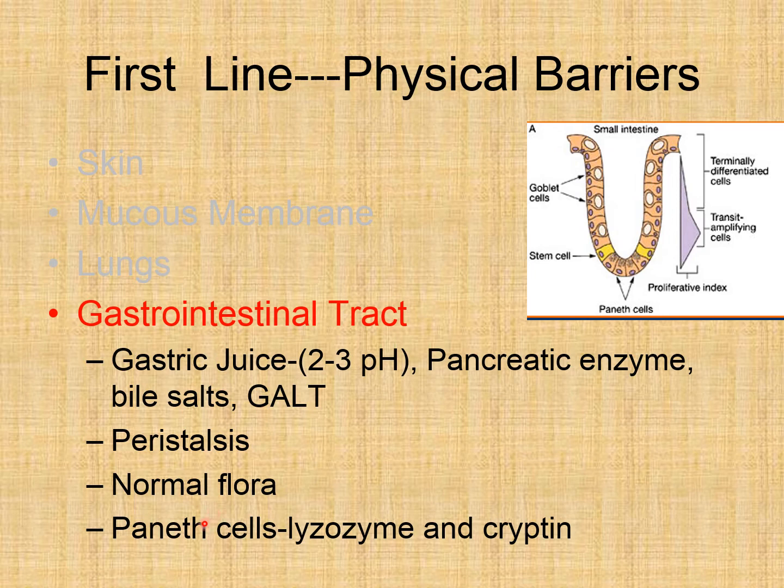There are special cells called Paneth cells present in the small intestine which secrete specific antimicrobial peptides such as lysozyme and cryptdins, which cause lysis of the microbes by affecting their membranes and cell wall.